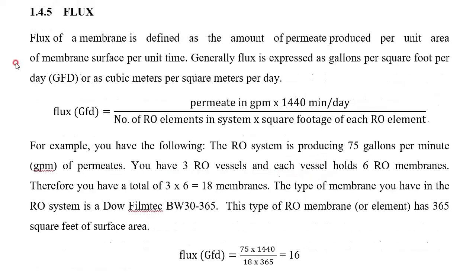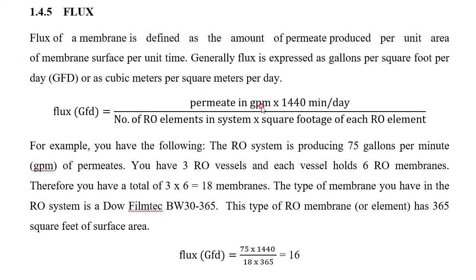Next one is flux. Flux is related to the membrane, that is the semi-permeable membrane. Flux of a semi-permeable membrane is the amount of permeate, that is the fresh water or the pure water, that is obtained. So flux is the amount of permeate produced per unit area of the membrane per unit time. Here you can see the flux formula is permeate in GPM.